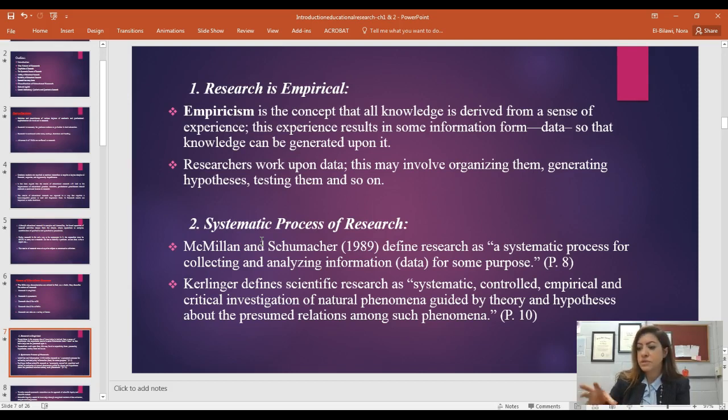The protocol gives you minute details into how you're starting from the very beginning of this idea in my head, I really want to research it, all the way to how I can write or report these results. So this is how systematic it is. You can't just haphazardly write a research and say that this is an empirical, credible research. Yes, it has to be empirical, but also it has to be systematic. You have to follow the protocol and the steps of writing a research. Again, this is what you're going to learn about.